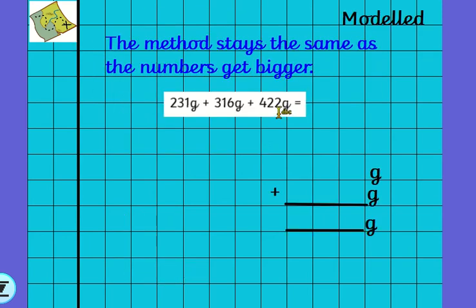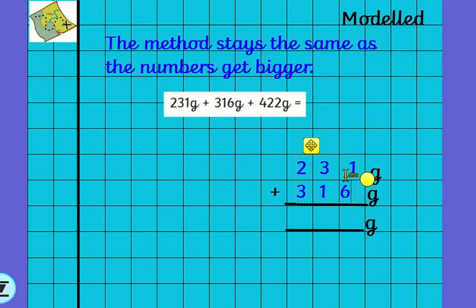Now, the method stays exactly the same as it gets bigger. So 231 grams, add 316 grams, add 422 grams. We add the first two numbers together first. So that is 2, 3, 1. And then we add 3, 1, 6.